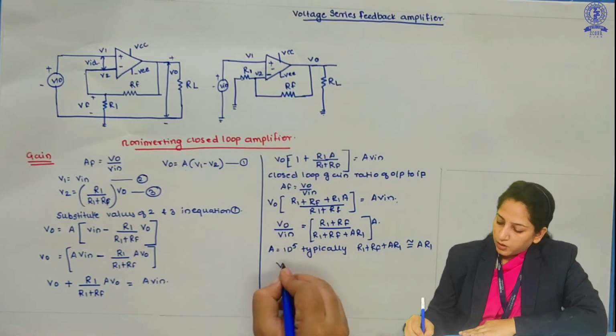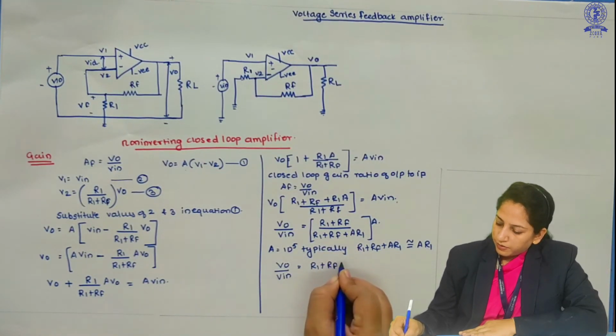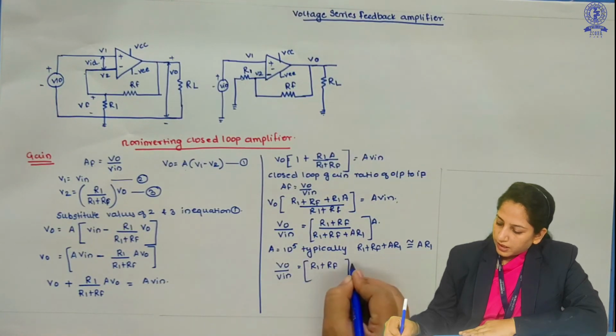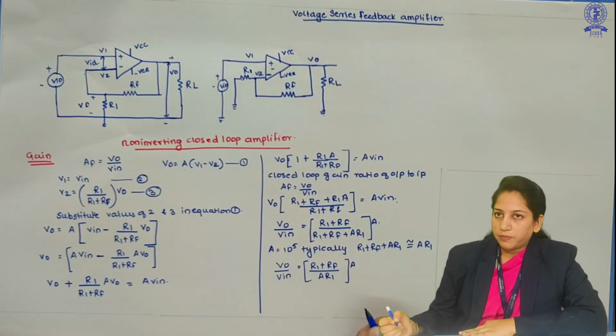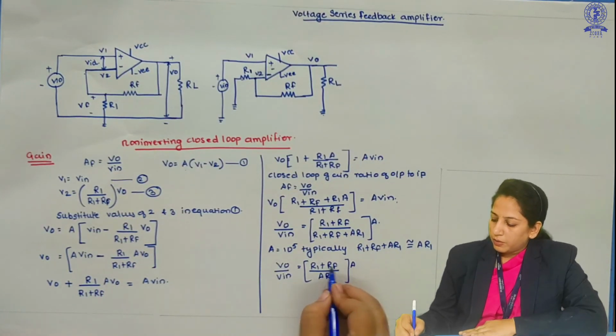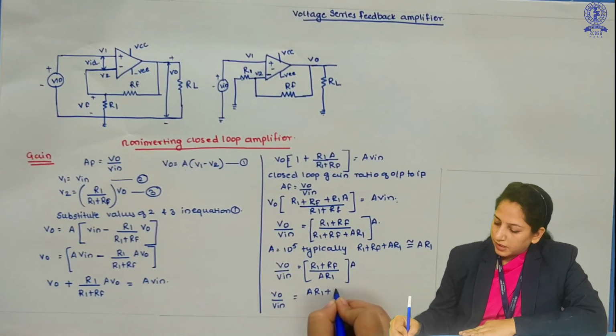So now V0 upon V in will become R1 plus RF into A upon A R1. Okay. And now I will multiply this A inside. So V0 upon V in is A R1 plus A RF upon A R1.